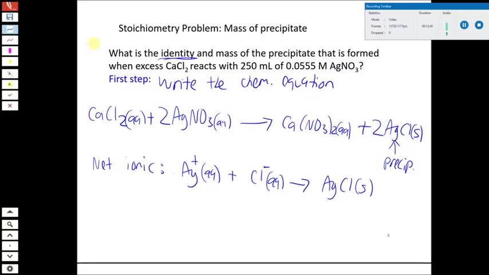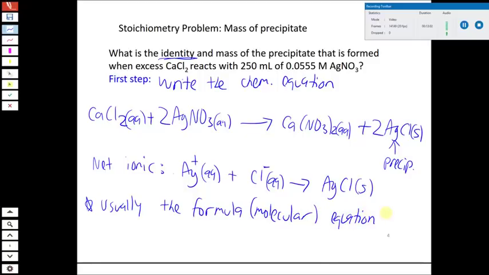So we'll just use the formula equation in general when we're doing these types of problems. You should still know how to produce the net ionic equation, but for stoichiometry problems, there's no real advantage to using that. I think just the formula or molecular equation, as it's sometimes called, is perfectly fine, and there's no need to really go beyond that when you're setting up the equation.